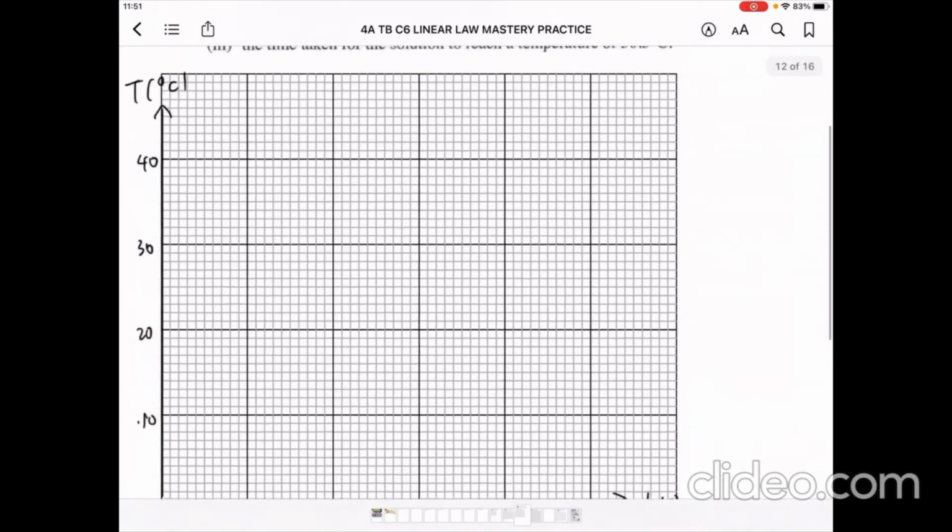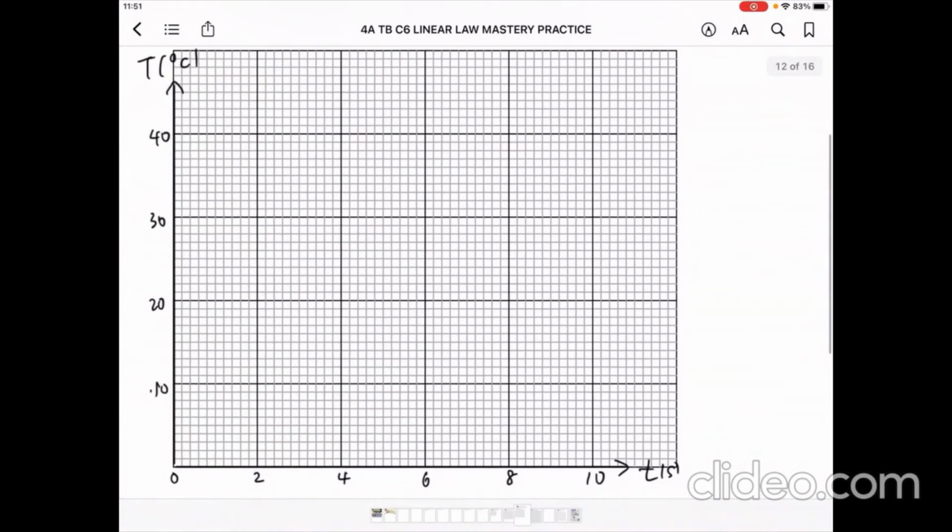The first point is 2 and 29. It's a very small graph, very hard to draw. 29 is here. Next one is 4 and 40. Now this point is a bit off. Next is 6 and 31, 8 and 32.5.